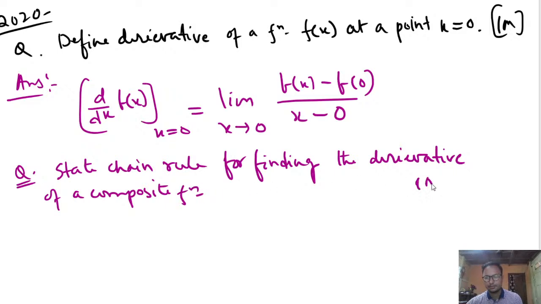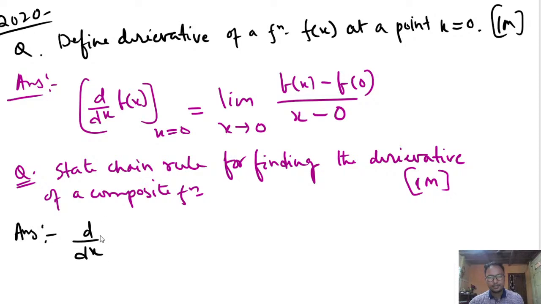A composite function is nothing but a function of a function. The answer is dy by dx.